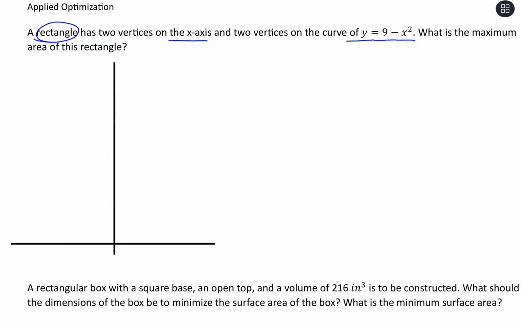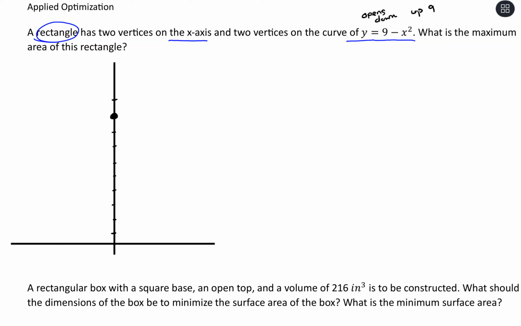So 9 minus x squared, I know that's my parabola. It opens downward, and we've shifted up 9 units, so my vertex is going to be at positive 9. So I'm going to go 1, 2, 3, 4, 5, 6, 7, 8, 9, and a little further.